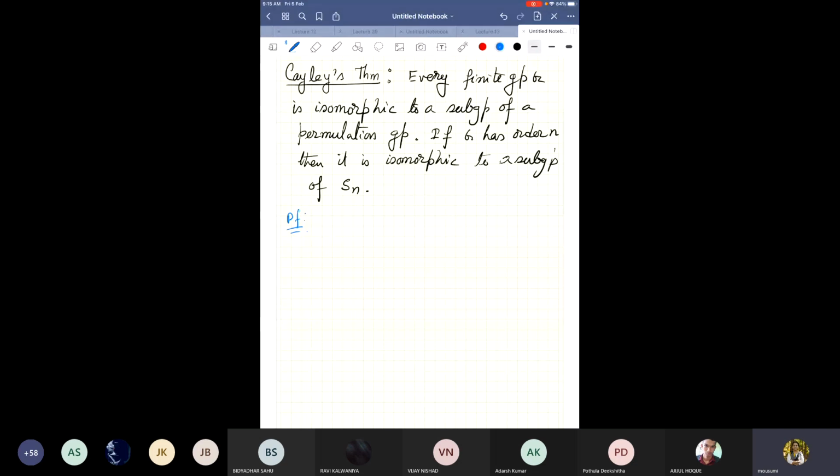Again we will prove this by group action only. So I will consider the group action by left multiplication. So consider the group action G cross G to G defined by (g, x) going to gx. This is by left multiplication.